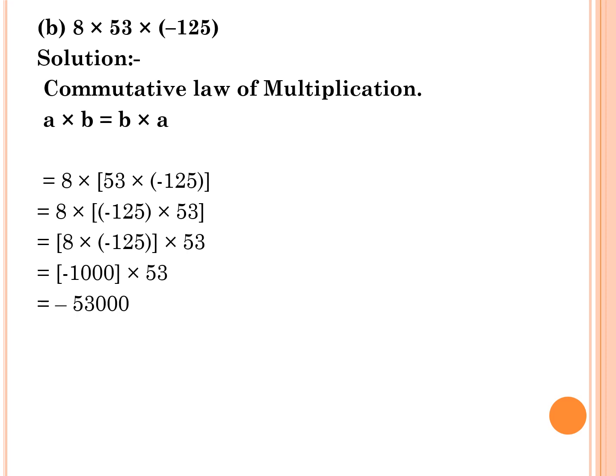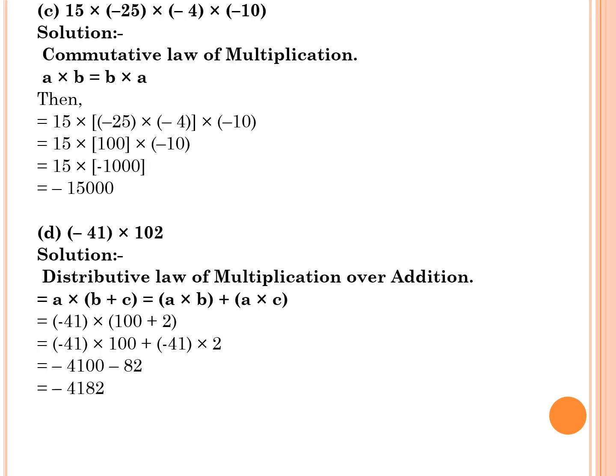So 125 can be multiplied to 8 previously to get the zeros first, that is grouping can be done here. 8 into minus 125 gives you minus 1000, multiplied by 53, which gives you minus 53,000.